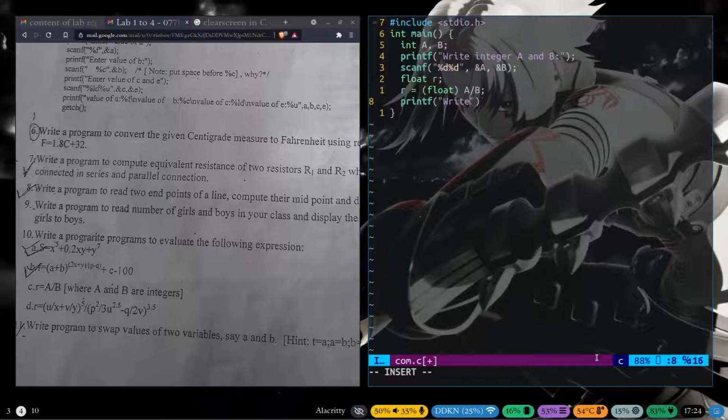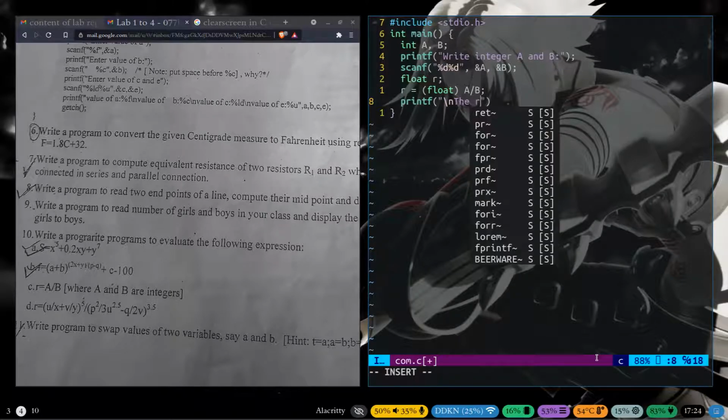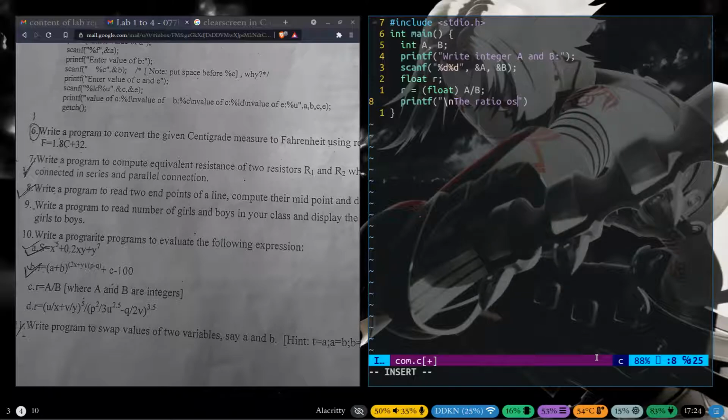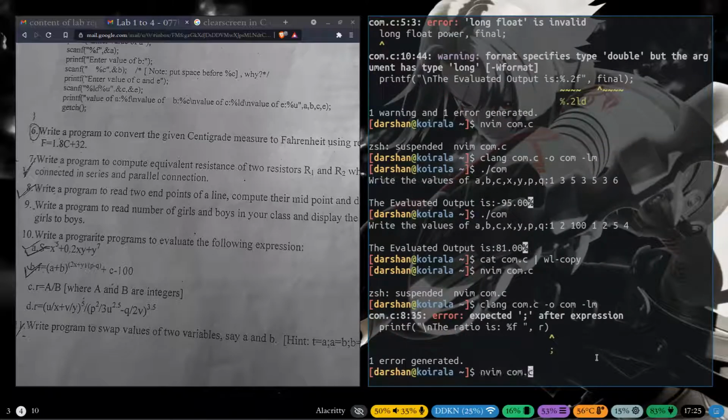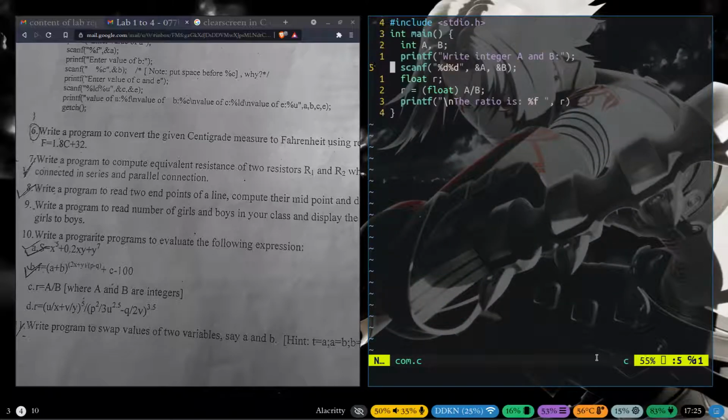Write what the ratio is. The ratio is, what is the ratio? Just R. Just float. Semicolon problems.